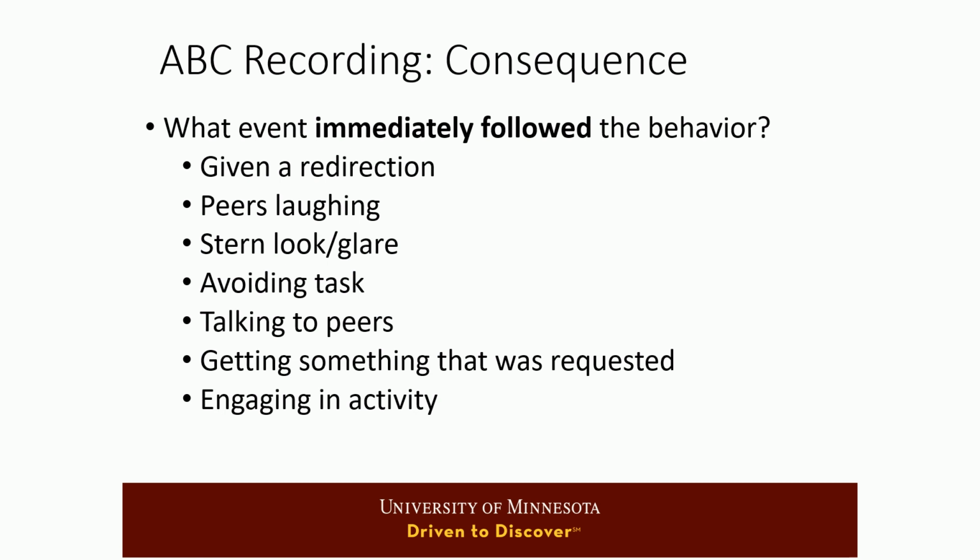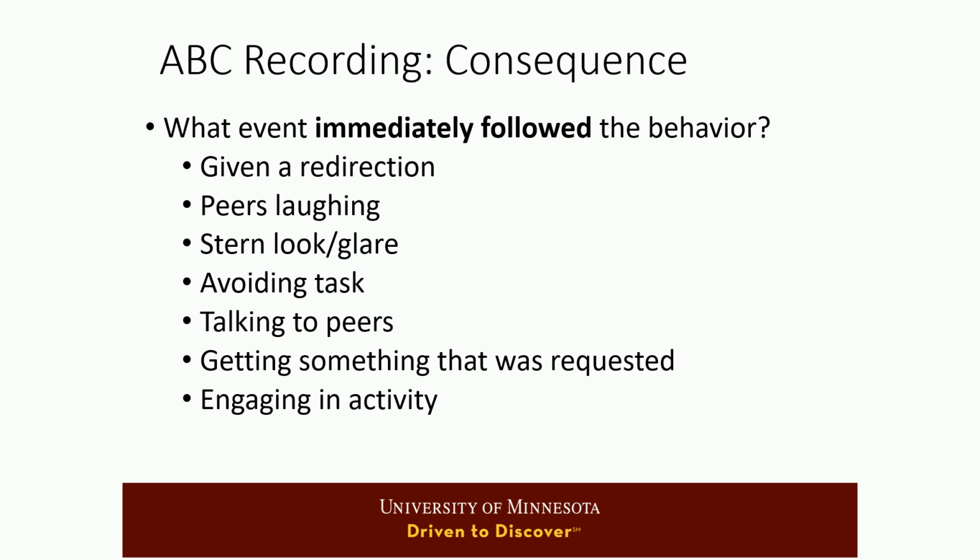So remember, the antecedent is simply the thing that happens immediately before the behavior. Then we record the behavior, and then we record exactly what happened immediately after the behavior. Now, often what ends up happening when you're doing an ABC recording is you record an ABC, and then that C becomes the A for a new round of ABC.